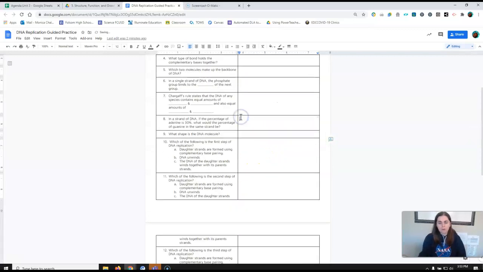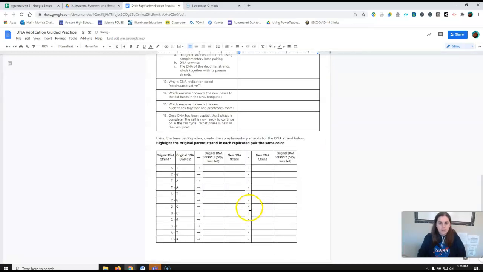I'm going to erase that real quick before I forget. Okay, so let's look at using the base pairing rules, which was A equals T and C equals G, to create the complementary strands. What I would like to do is number these. If you want to think of it this way, this is column 1, column 2, column 3, column 4, column 5, and column 6.